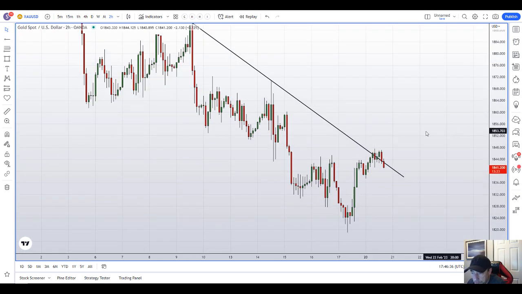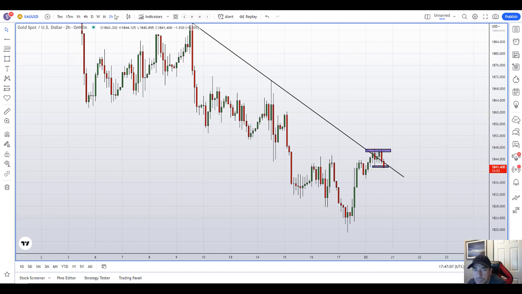We had an evening star pattern here, which could have been a sell signal for traders, and you would have put a sell stop below that candle. Can you see price come into that trend line? We saw this bearish candle, so a sell stop below that candle, stop above the high, would have been a trade there potentially for some traders. That didn't trigger, and now we've got what could be a range playing out.